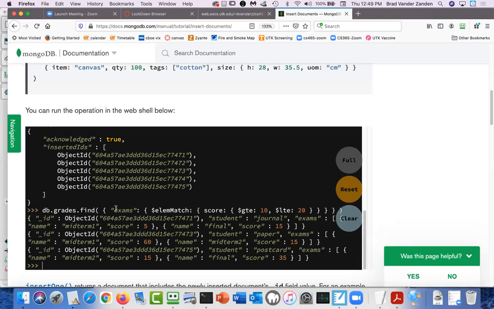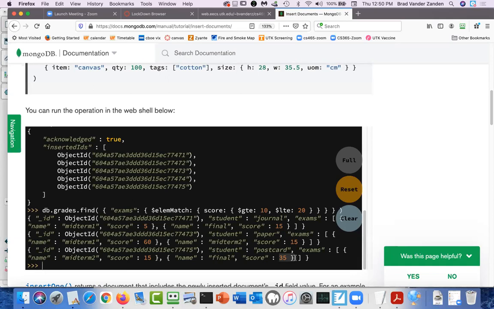One last thing though that I wanted to point out. Notice that when you do the find, even here, you're getting back exams like 5, 60, 35 that are not part of the query. That's what I meant by the query language in MongoDB and other NoSQL languages is coarser grained. You actually cannot limit the result to just exams that are between 10 and 20. It will return the entire document with all the exams, even if just one of the exams matches the query.